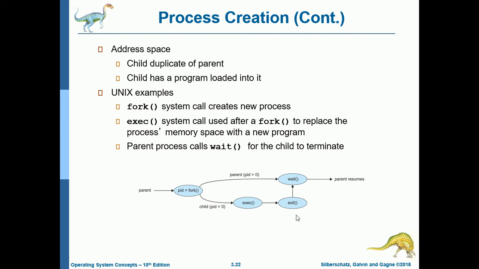After the execution of the child process, it will exit and return to the wait, at which point the child has already finished its execution, and then the parent resumes its own process, or any commands that it will execute.